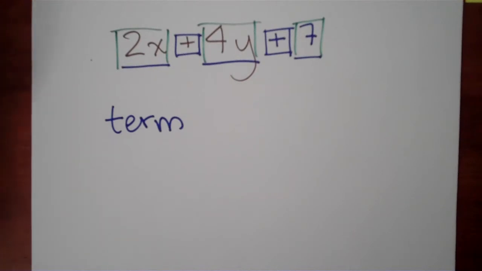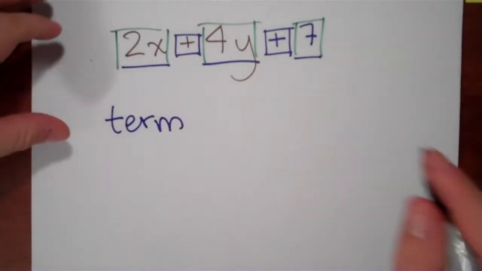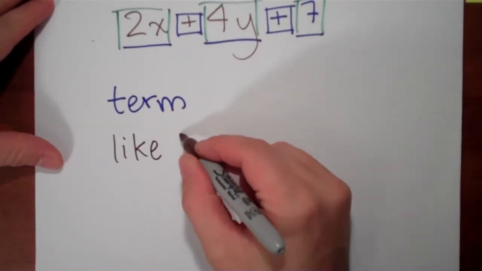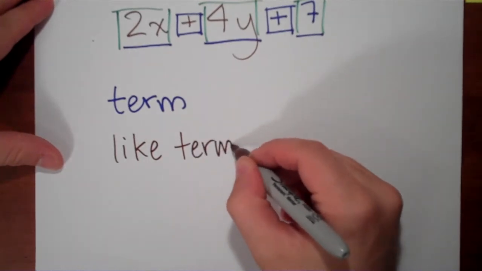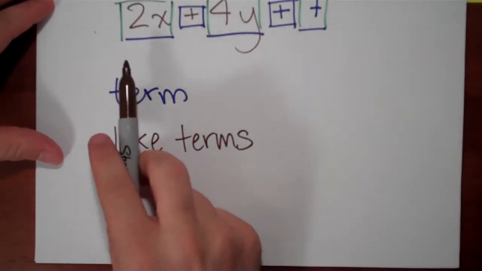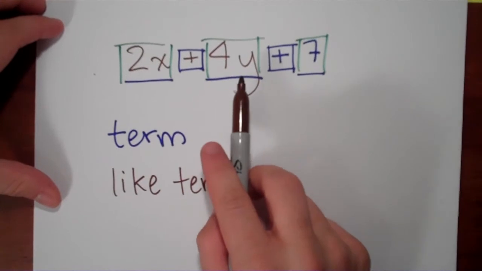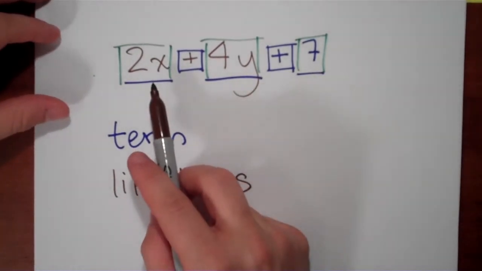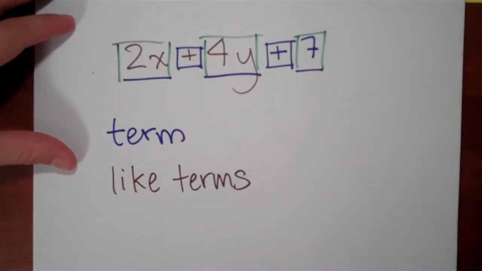The next thing, we know what terms are. The next vocabulary word would be like terms. Up here we had 2x, 4y, 7. Each of these is a term, but none of them are like terms.